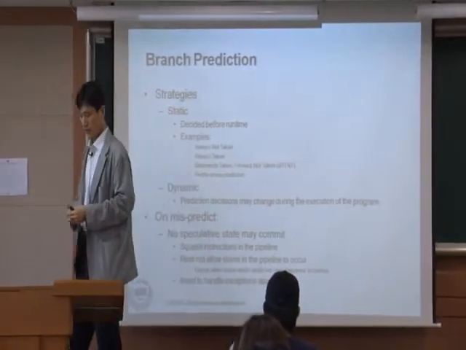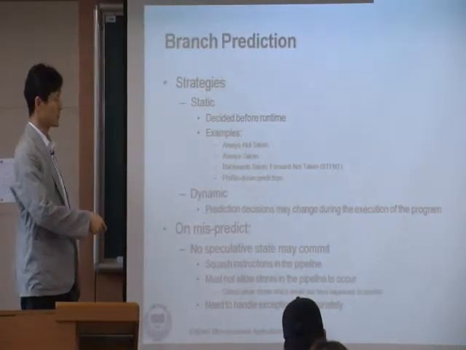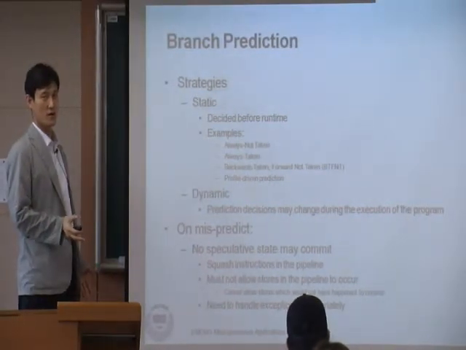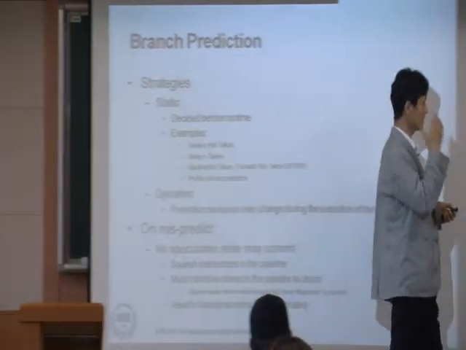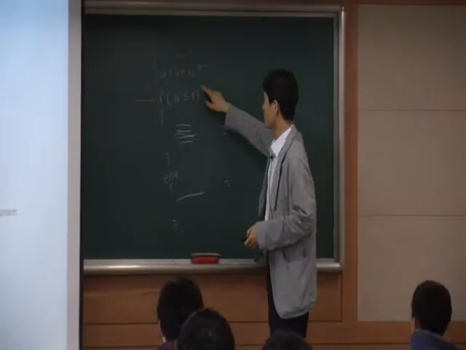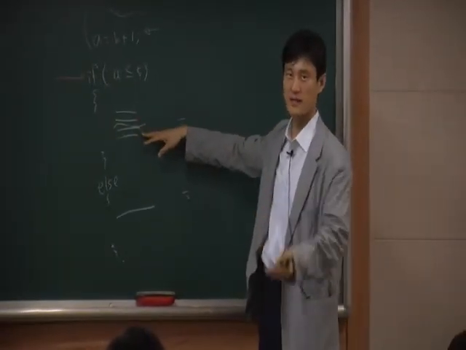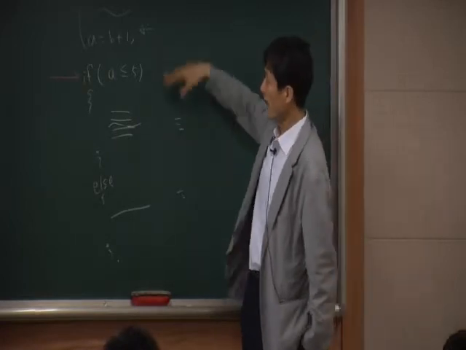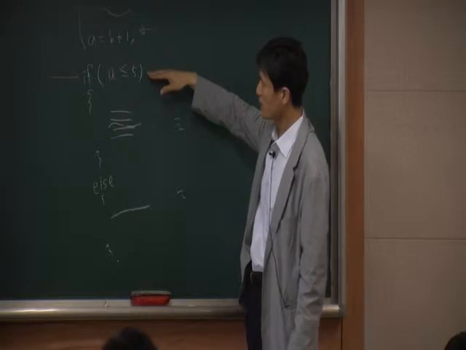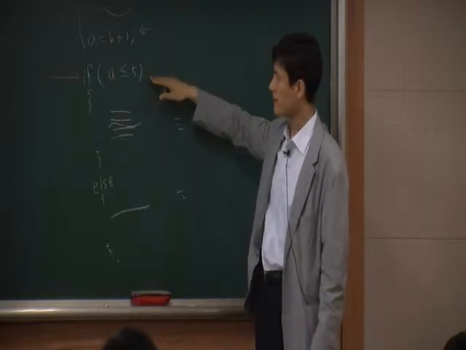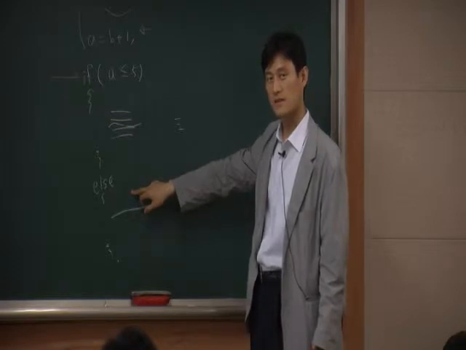However, your prediction may be incorrect. Sometimes your prediction is wrong. Let's say you predicted that at this branch instruction, you're going to jump to there, so you bring this instruction and put it into the pipeline. However, later, when you execute this one, your guess was actually wrong. It actually jumped to there. In that case, what should happen?